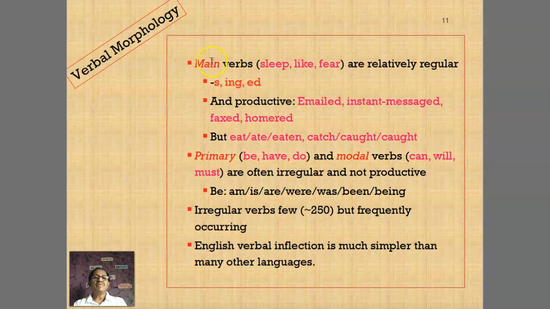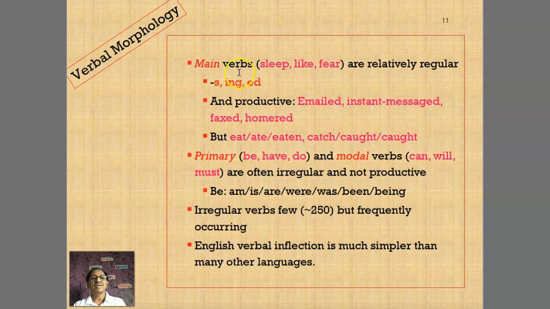Similarly, let's look at the verbal morphology of English. There are two types of verbs we know: main verbs and auxiliary verbs. Main verbs like sleep, like, fear are regular verbs because they take suffixes like s, ing, ed, right?